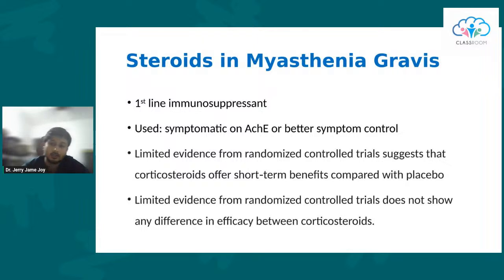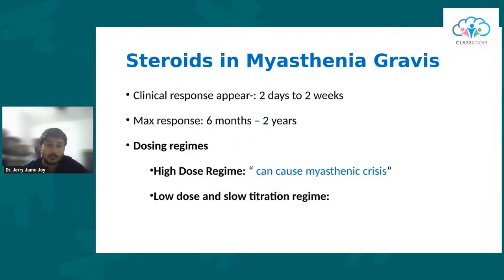Most of the studies are observational, and there is limited evidence from randomized controlled trials. They suggest that corticosteroids offer short-term benefits compared with placebo, and limited evidence from randomized trials does not show any difference in efficacy between corticosteroids.